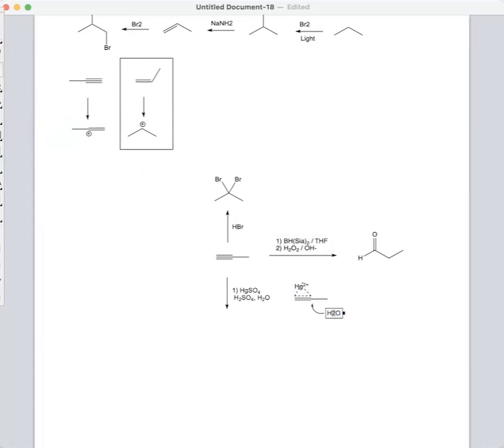So it's opposite regioselectivity as compared to that of hydroboration. And that leads to a tautomeric equilibrium, then protonation.